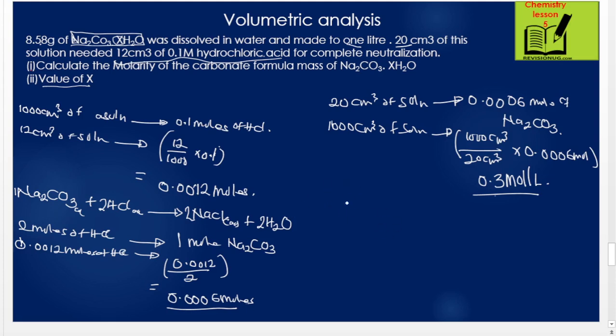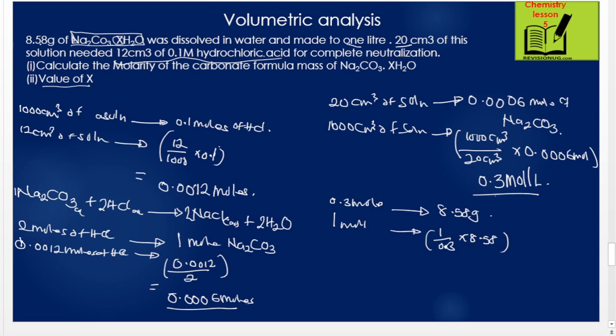So the 0.3 moles are equivalent to 8.58 grams, right? Then how about 1 mole? Because 1 mole is the one which gives us the relative formula mass for the full compound. Then this will be 1 out of 0.3 times 8.58 grams.